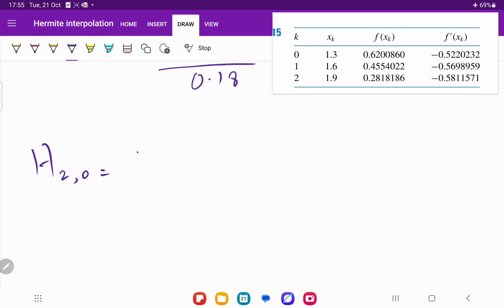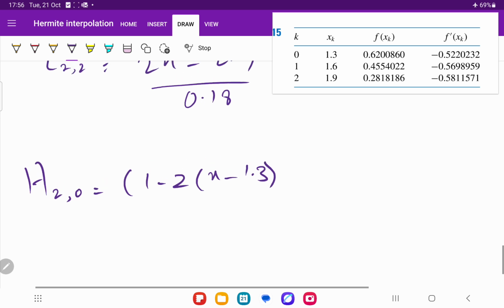What is the formula? 1 minus 2 into x minus x naught, where x naught is 1.3.